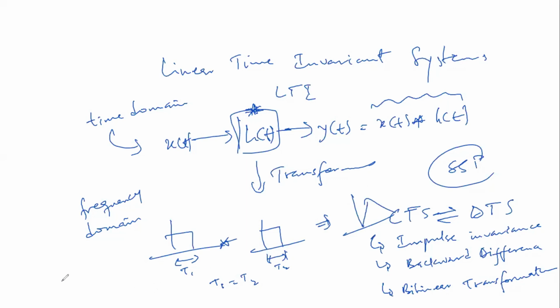And if T1 is not the same as T2, then we are going to get a trapezoidal signal function. So meaning T2 is something like this, with a different duration. That's the convolution process.